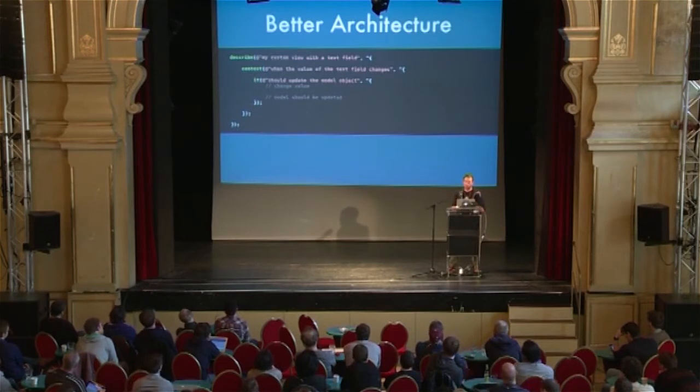Most of the time, when we are writing the specification, we immediately realize that there might be something wrong. So, should our view really update the model object, or is there some kind of pattern that might go against that? Well, now that we found a mistake, we can rethink our architectural decisions and improve the app's architecture altogether.